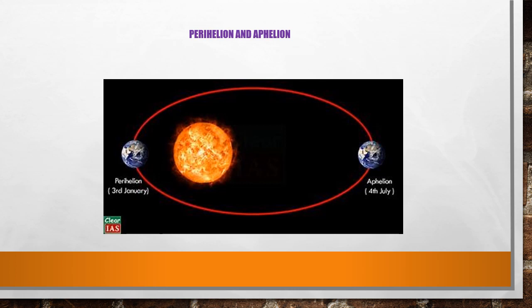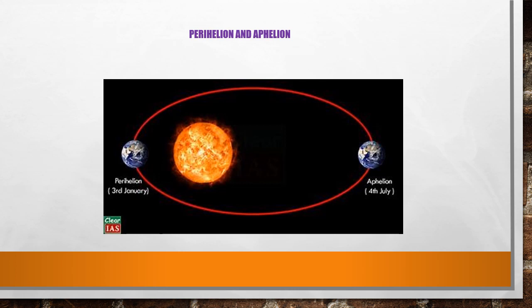When the Earth is closest to the Sun, that position is referred to as perihelion. The word perihelion comes from the Greek word peri, which means near or around, and helios meaning sun.